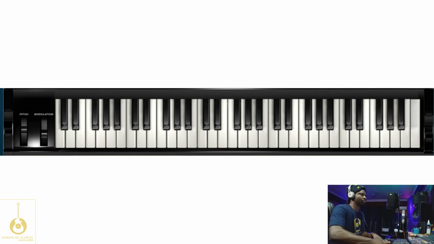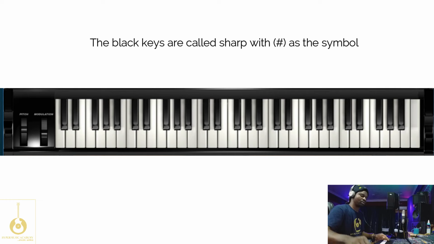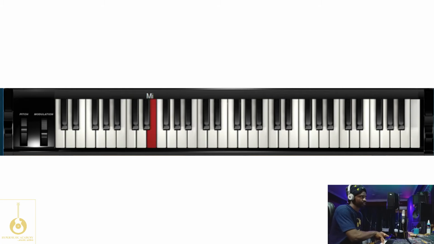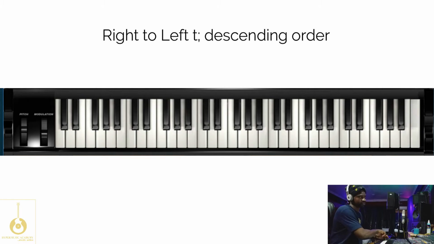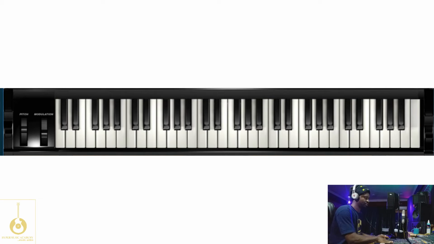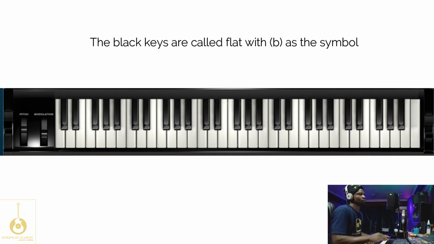We refer to any of the black keys as sharp. When you're moving from the top right, downward on the keyboard to the left, that's descending order, and then we refer to the black keys as flats. Alright? We refer to the black keys as flats.